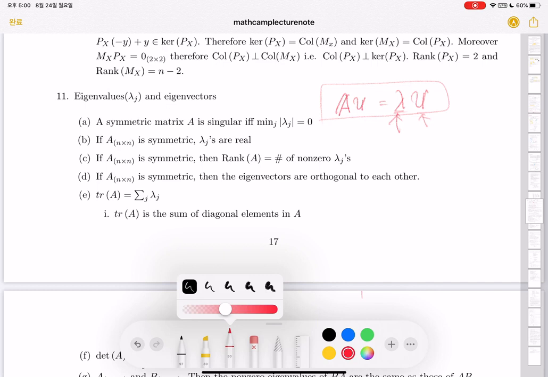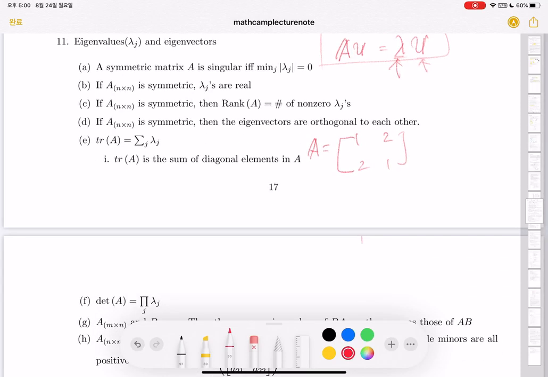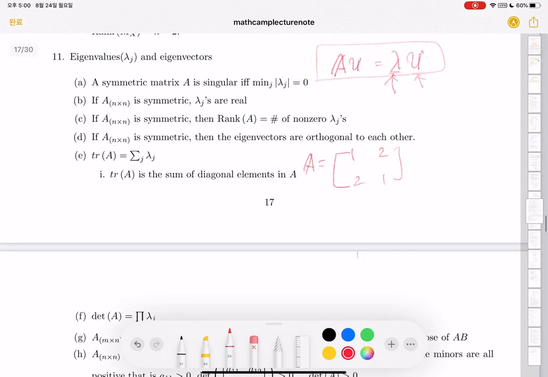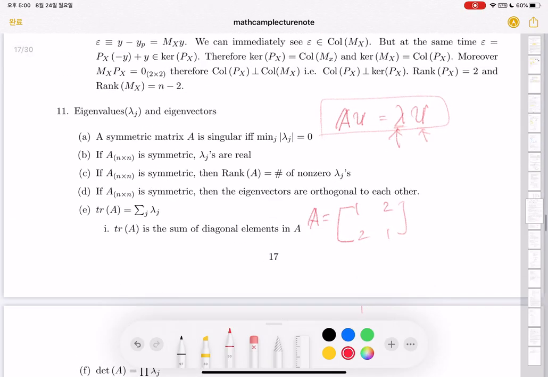Example. Suppose your A is 1, 2, 1. Find an eigenvalue. There is a systematic way of doing the eigenvalue thing. The way you do is this. Bring this to the left hand side.